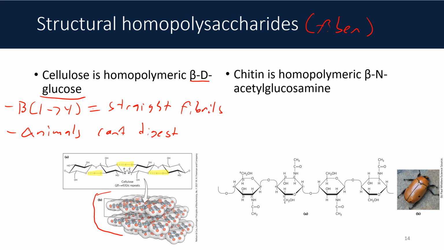Another kind, a less appetizing kind in my opinion, is chitin. This is a polymer of not glucose, but a derivative called N-acetyl-glucosamine. And again, it's going to be in that beta configuration, which really promotes stiff, robust fibril formation.